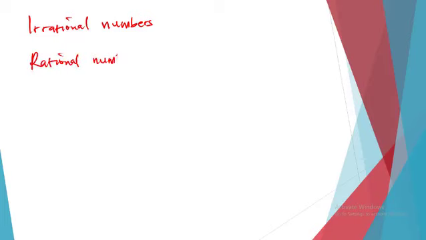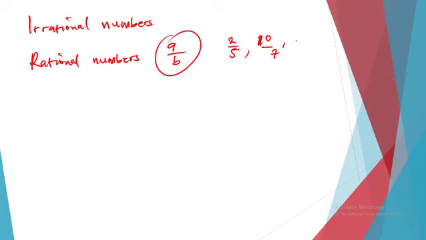A rational number is a number which can be expressed as a ratio of two integers, let's say a over b. This is an example of a rational number. When we have 2 over 5, 10 over 7, 12 over 13, these are all rational numbers.